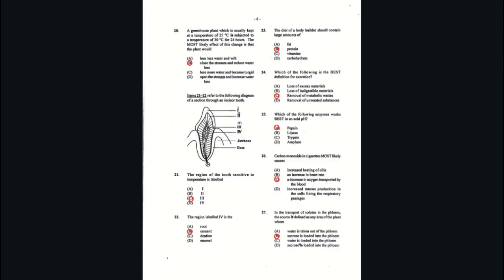Basically, the source is a part of the plant where the sugars are loaded into the phloem, and the source is usually the leaf, and the sink is usually the root. It's loaded into the phloem, and then with some help from the xylem and some water, we get the sucrose moving and transported within the plant, right?